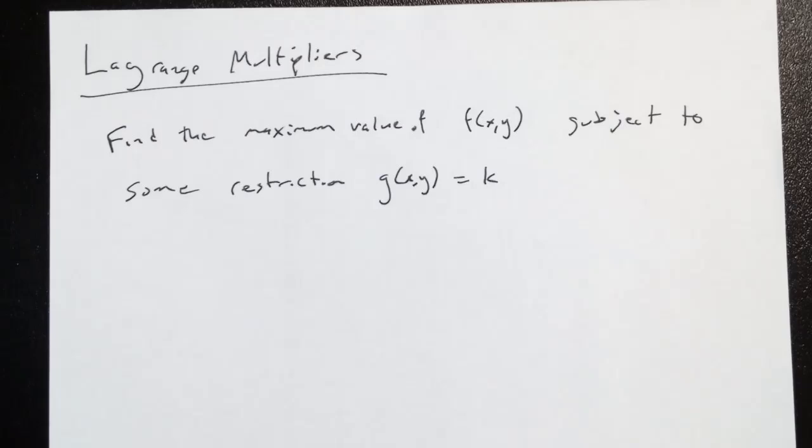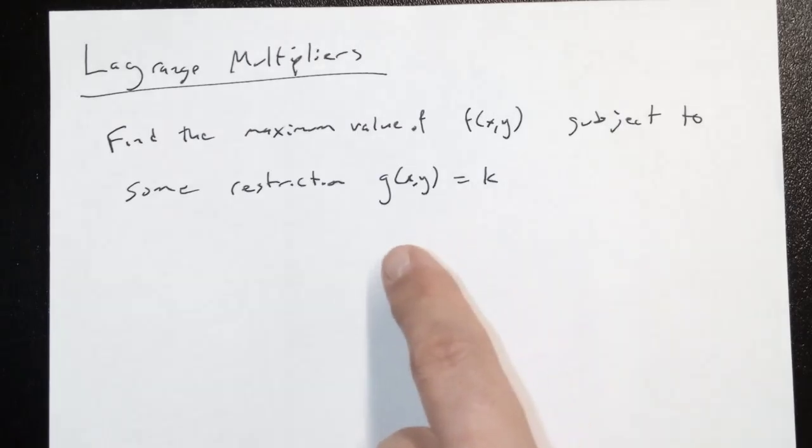Now, if we think about this the way we thought about directional derivatives, I have some curve in the xy plane given by this equation. And that curve gets lifted onto my surface. And I want to find the highest point on the surface.